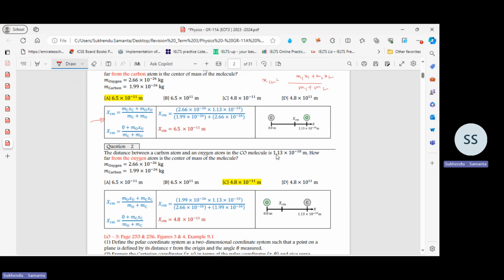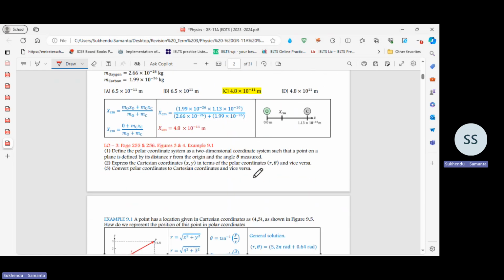Here two masses are there and their distances are also given. Make sure to try to place one object at the origin. It will become easy for you to solve the question at that time.